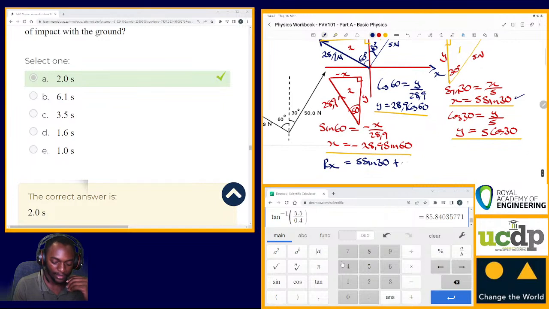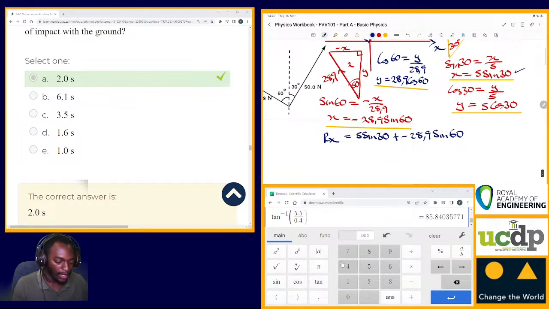It's going to be negative 28.9 sine 60. All right. I hope you are following, guys. If you have got any questions or comments, please do let me know as we are progressing.